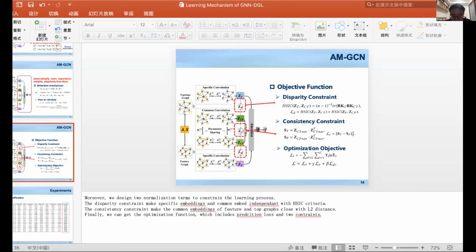And the consistency constraint makes the common embedding of the topograph and the feature graph as close as possible. Make these two the same and these two different.